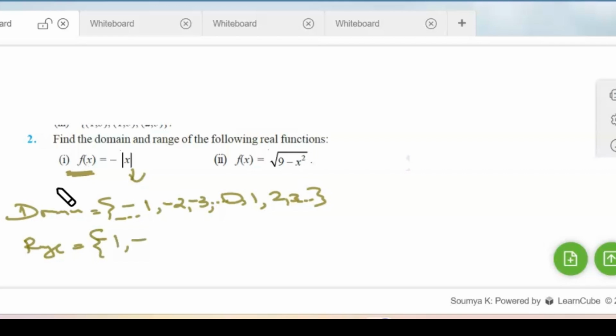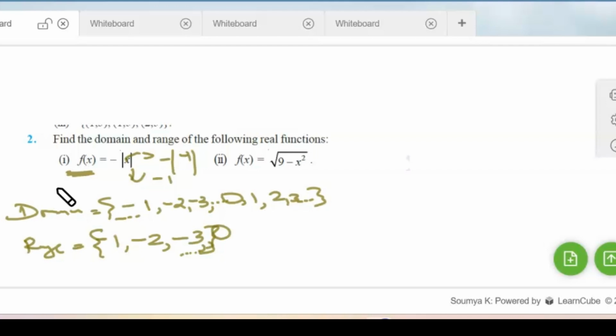So it would be -1, -2, -3. Whatever goes inside becomes positive. It is an absolute value. So if it is -1, it becomes +1 and the value becomes negative. So you will get all the negative values here in the range. For 0 it would be 0 itself.